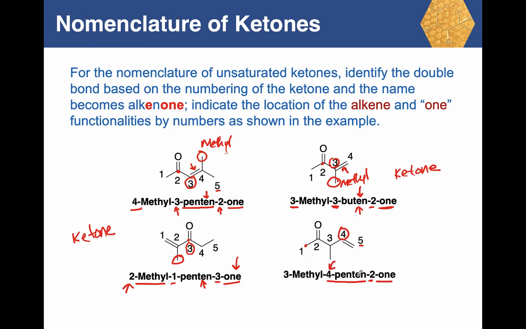So it's 4-pentene, 2-one. And of course there's a methyl group right here on carbon number 3. So it's a 3-methyl 4-pentene 2-one. Sounds complicated, but once you put together the pieces, it's not really that complex.